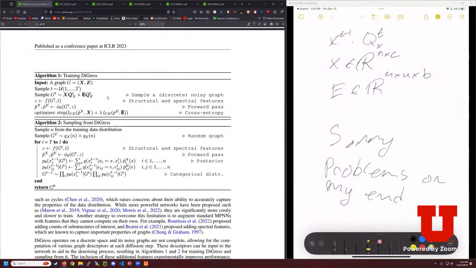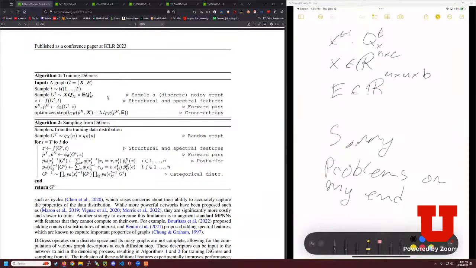Using cross entropy, I think it's very natural, right? Every time you can imagine they sample, and their noise is just a transition matrix.